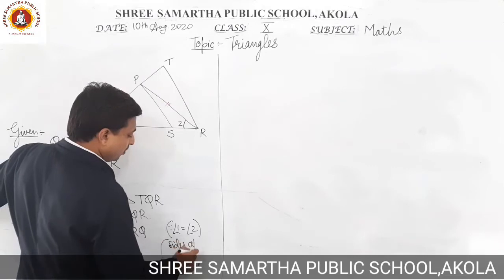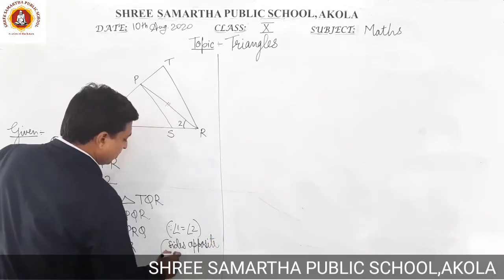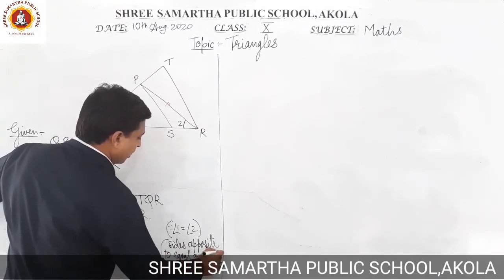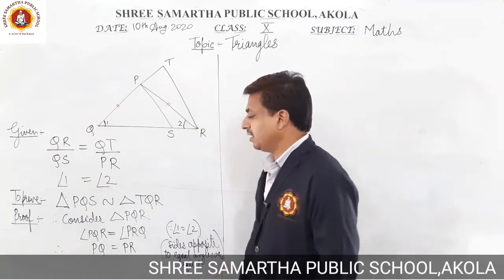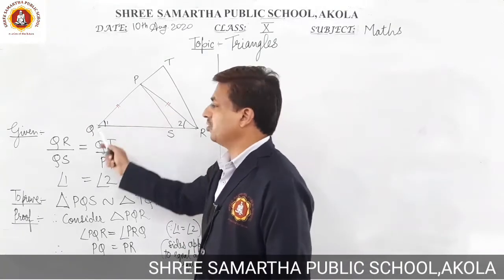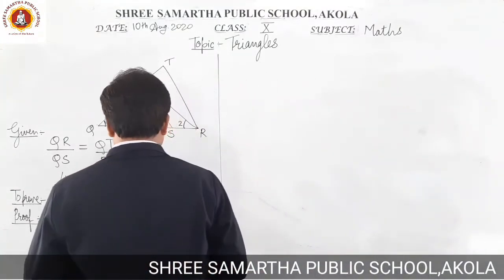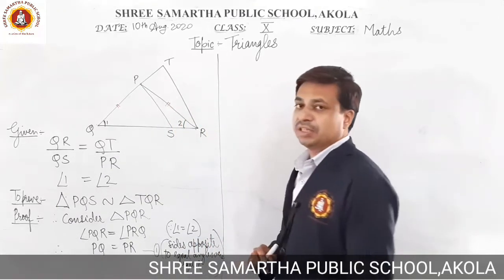Sides opposite to equal angles are equal. This is opposite to PR and this is opposite to PQ. Therefore, PQ is equal to PR. This is given. Now number this as equation number 1.